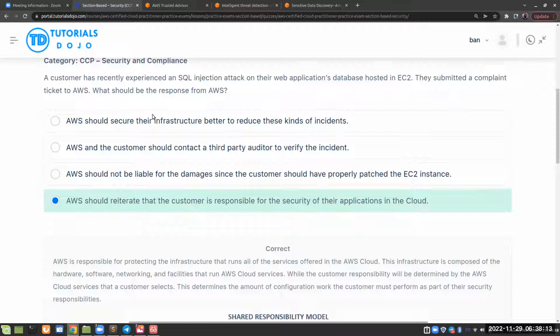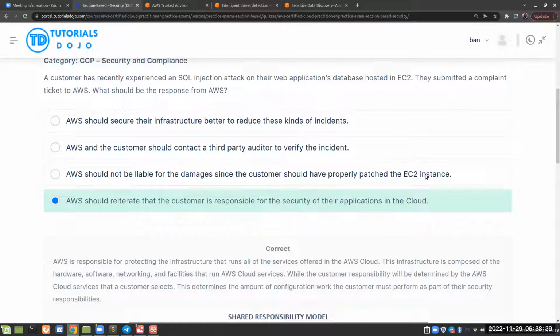So if you reach out to AWS, that's what they will just tell you: we're not responsible for that. AWS and the customer should contact a third-party auditor to verify the incident. That's definitely not correct. AWS should be liable for damages since the customer should have properly patched the instance. That's from the agreement that you should know from the start before using AWS.